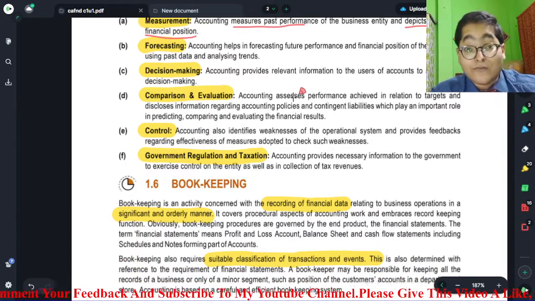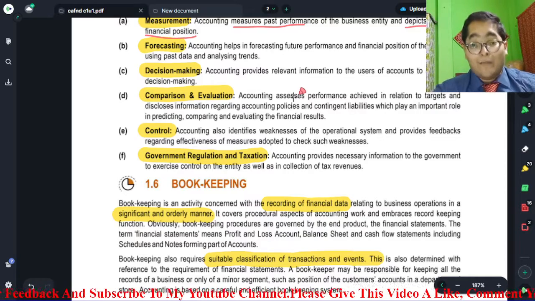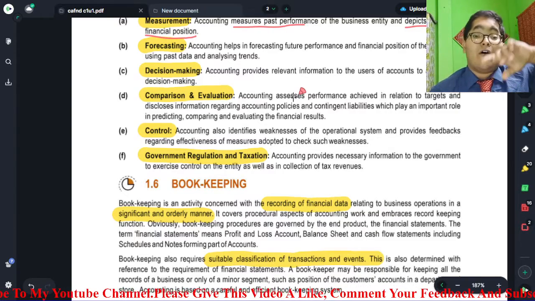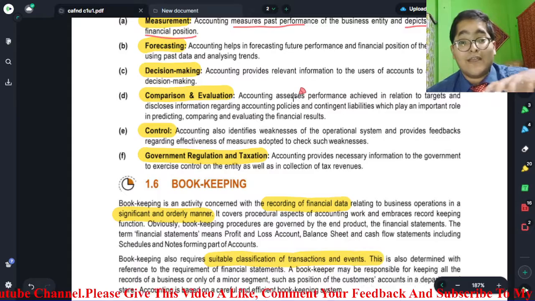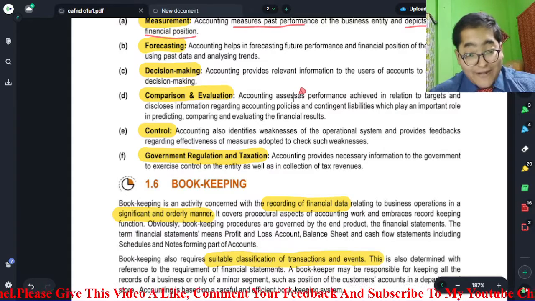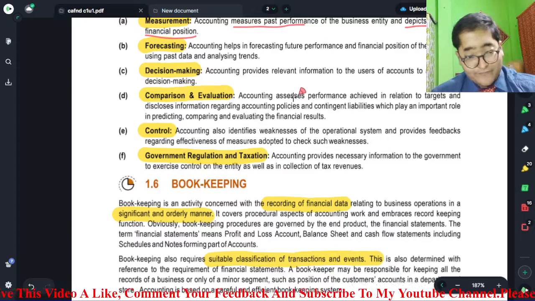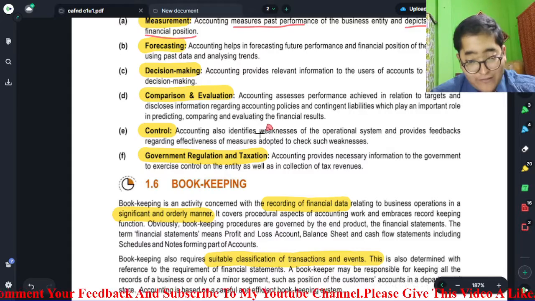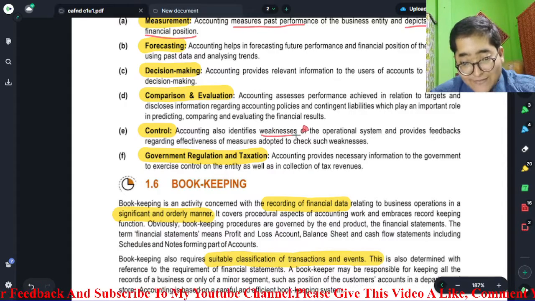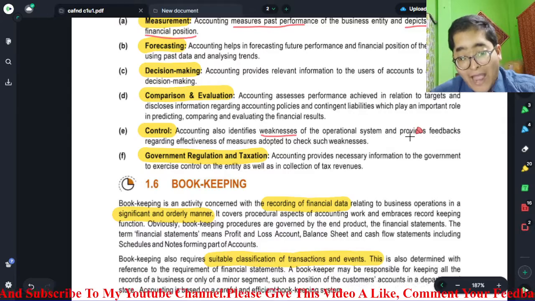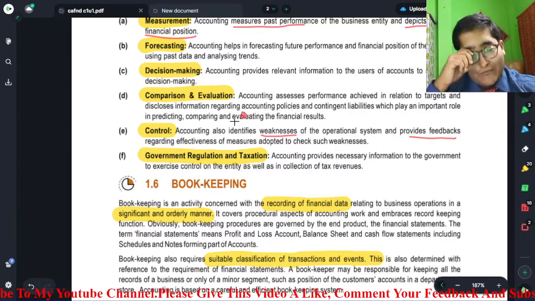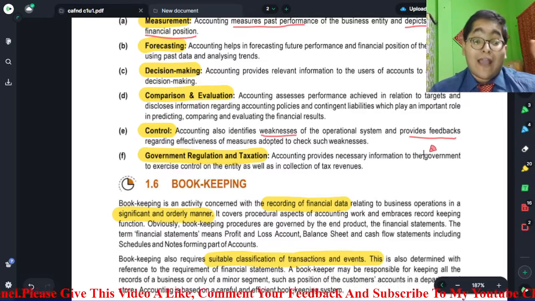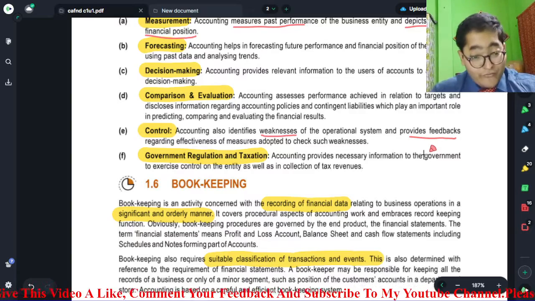A business should compare its results with the results of other firms or with the previous year. Then control. Accounting identifies weaknesses of the operational system and provides feedback regarding the effectiveness of measures adopted to check such weaknesses. So accounting is also very important for control.